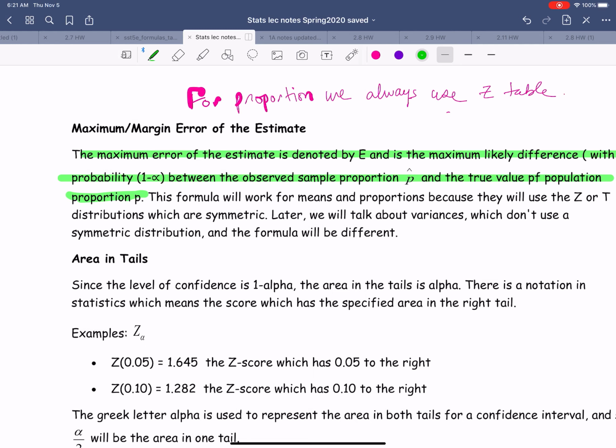Next, the maximum margin of error, or maximum error, or margin of error for the estimate. There is some margin of error in the estimate, and the margin of error does depend on the confidence level as well.